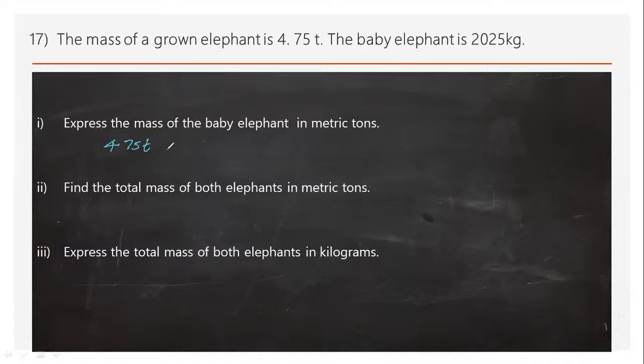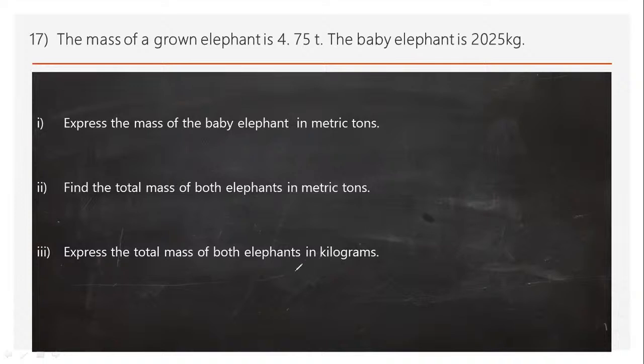4.75 tons into 1000, then 4750 kilograms. What is the mass of the baby elephant then? Sorry, the next question is the total mass of both.